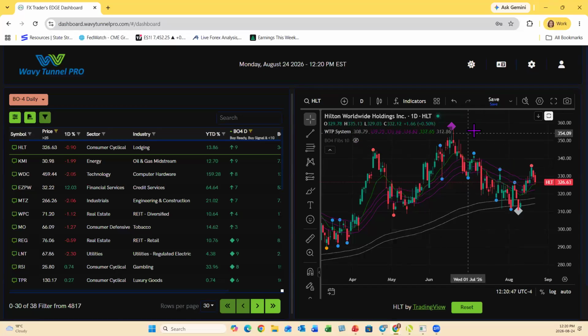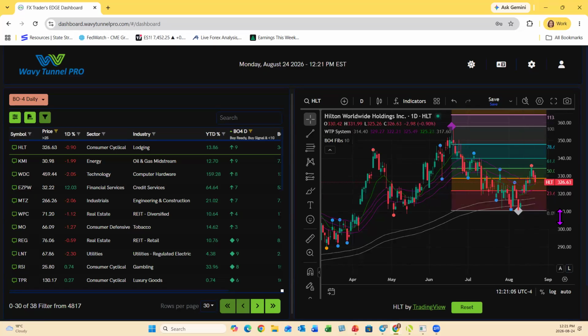Now, the way the lines are drawn is it takes the price high to the price low. This is the Breakout 4 trade where you get the gray semaphore. And it shows you where we are in terms of Fibonacci from price high to price low. So let's just view it again.